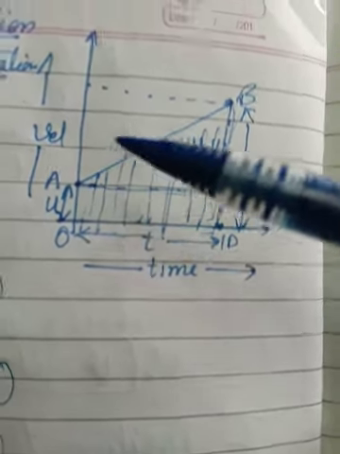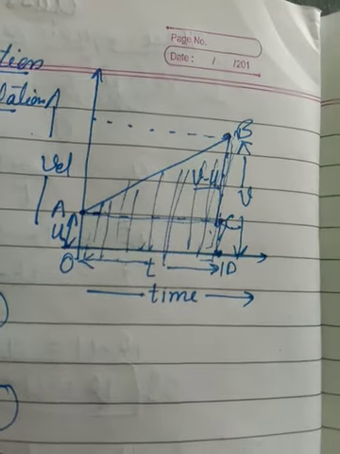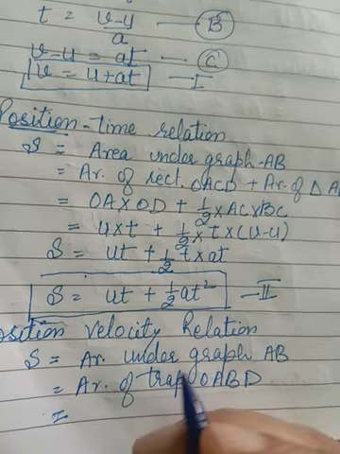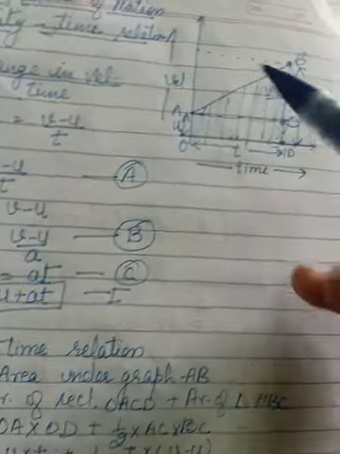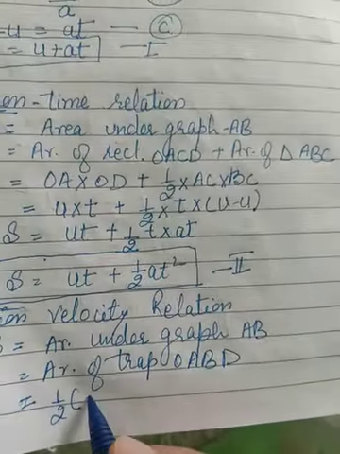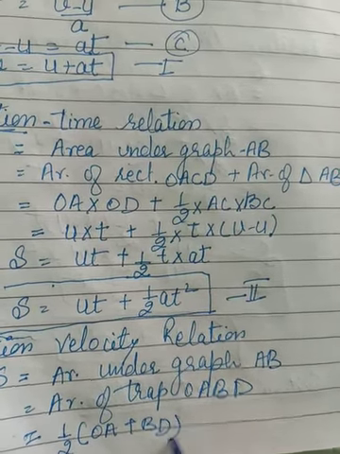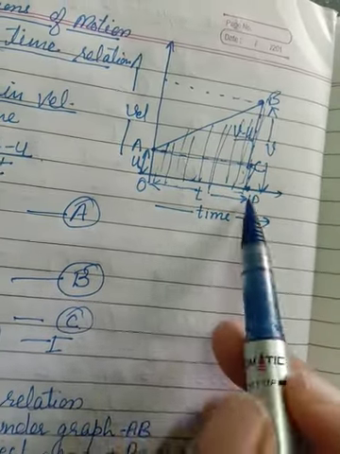Here the parallel sides are OA and BD. So half into OA plus BD, into the perpendicular distance between these two parallel sides, which is OD.